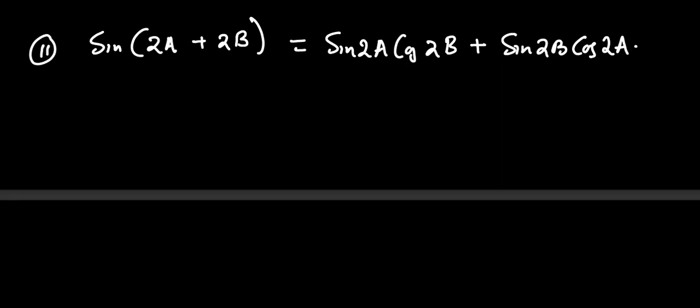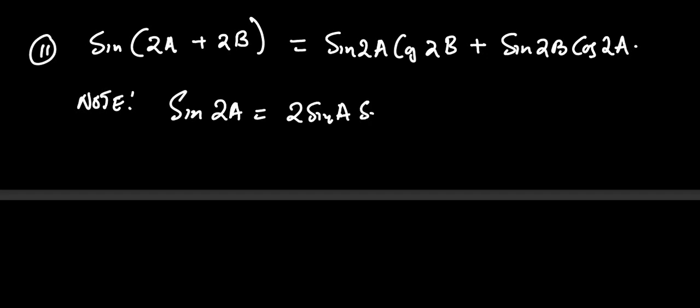So now we know what sin 2A is. Sin 2A is just going to be the same as 2 sin A cos A, right? That's what you have. Then the same thing applies, sin 2B will be 2 sin B cos B.